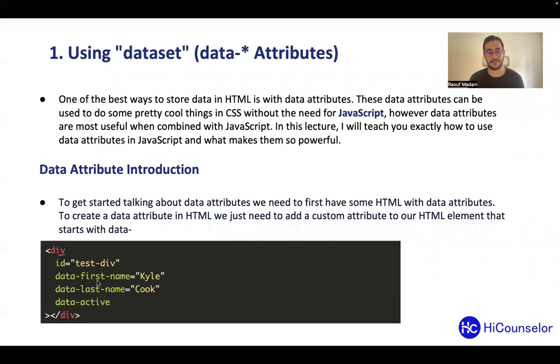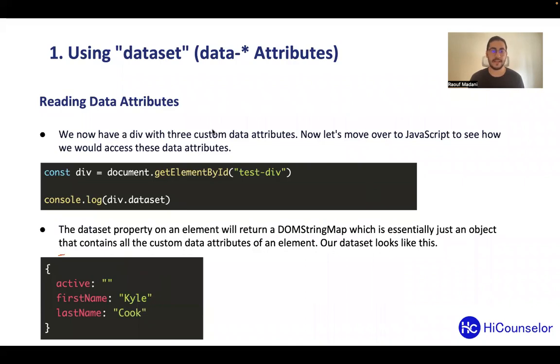So we have data-first-name, which is Kylie, data-last-name, which is Cook, and data-active. As you see here, we now have a div with three custom data attributes.